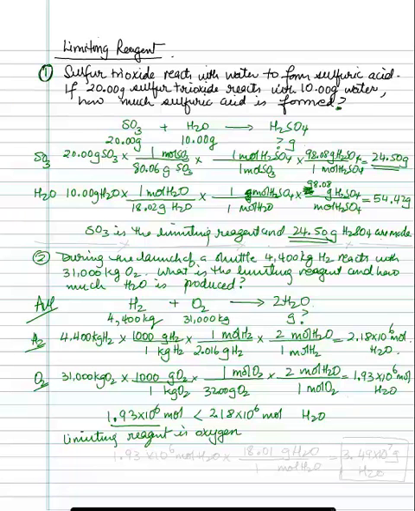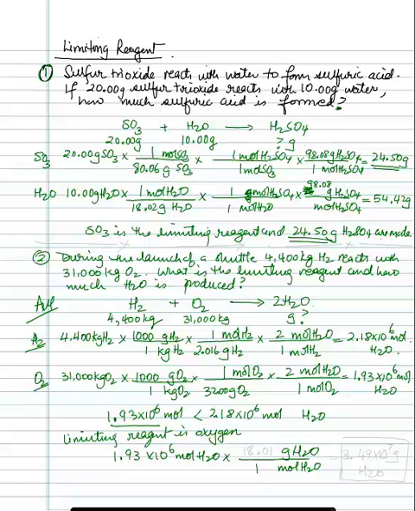So my limiting reagent is oxygen. And then I have one final calculation to do. I will take my 1.93 times 10 to the power of 6 moles of water and convert that into grams of water. So this way I save one calculation, although it's not such a big deal.